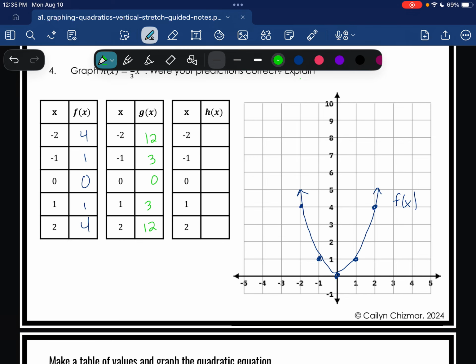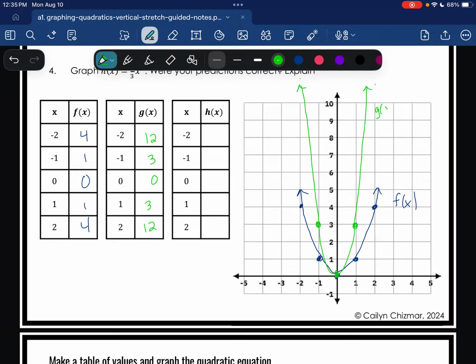Okay, so we're just going to remember that it's really, really, really tall. At -1, we went up 3, 0, 3. So this one looked something like this. And so we call that g of x.